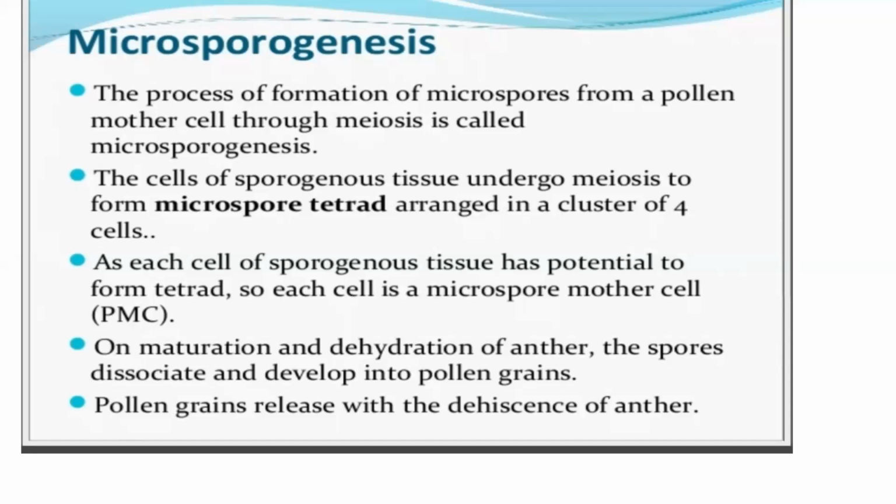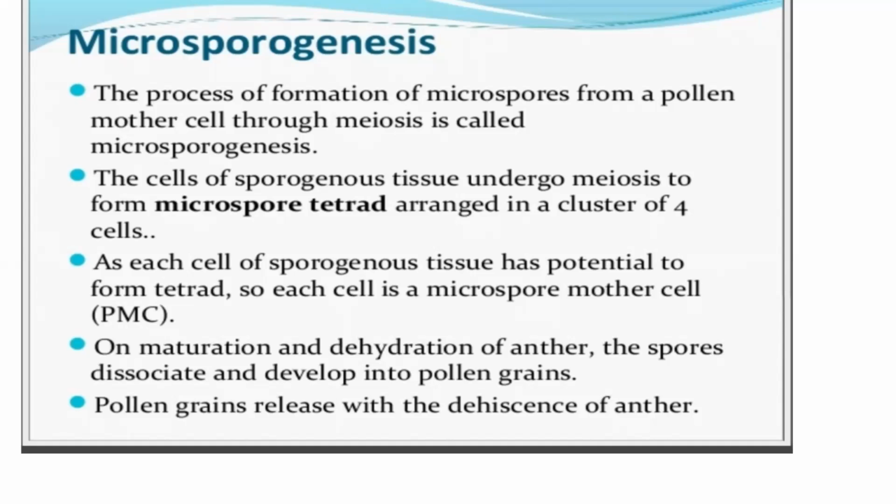PMC means pollen mother cells or microspore mother cells. On maturation and dehydration of the anther, the spores dissociate and develop into pollen grains.